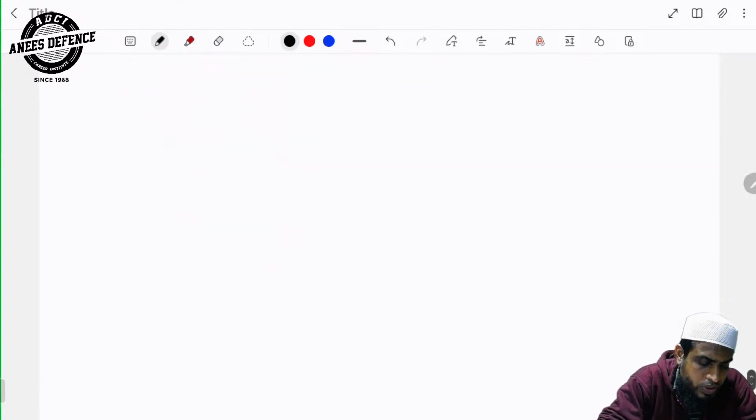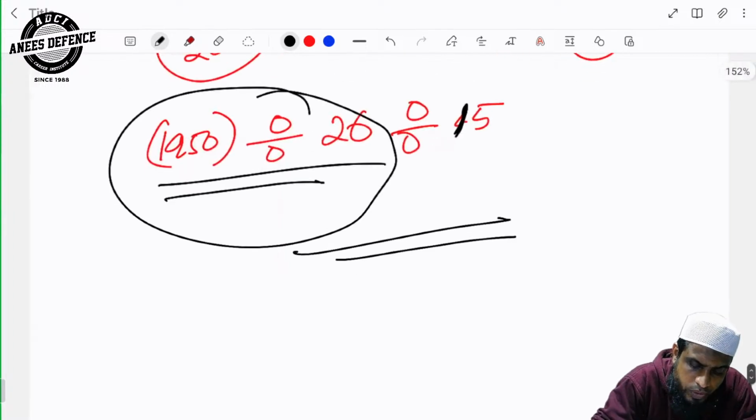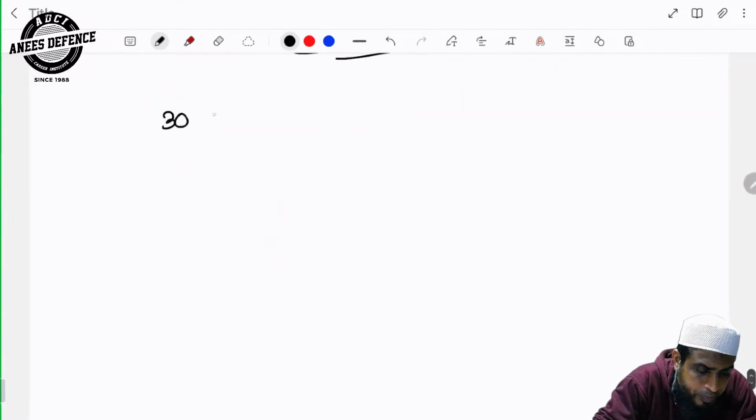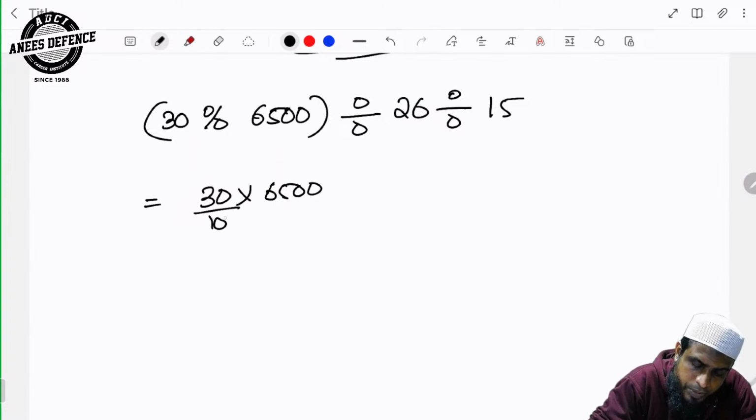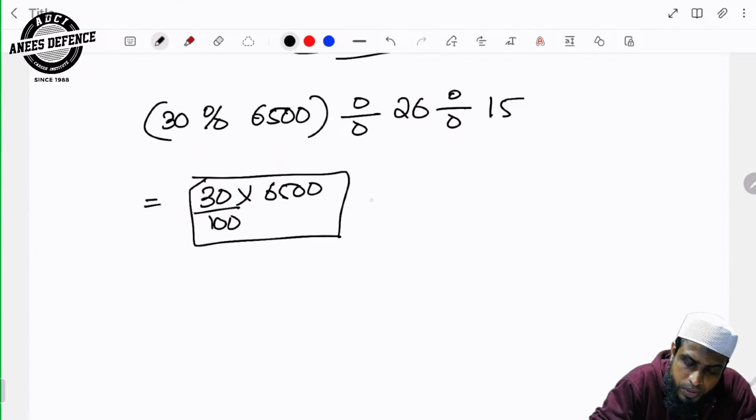So that is the question. The question given is like this: 30% of 1950, first you should calculate this, then divide by 26.